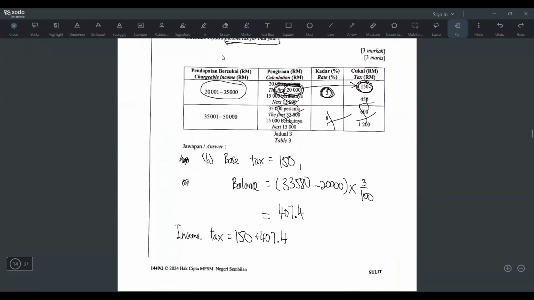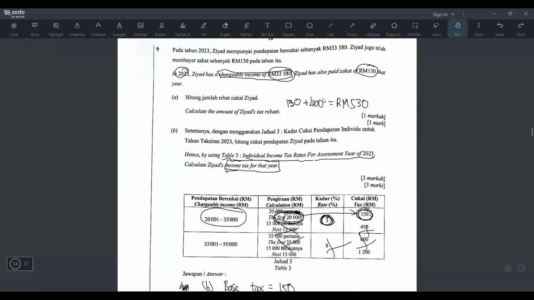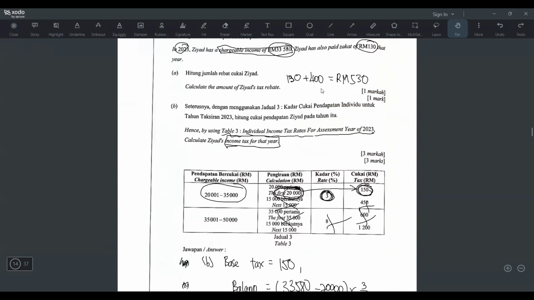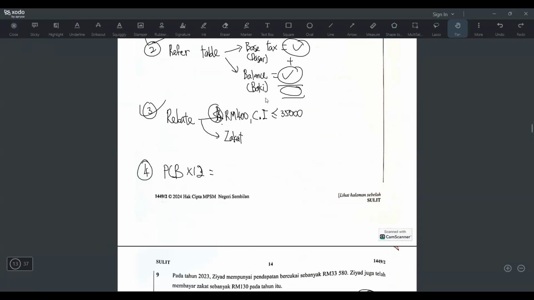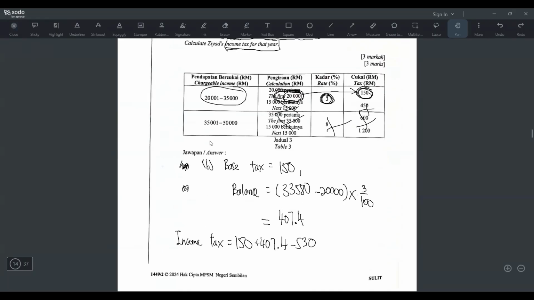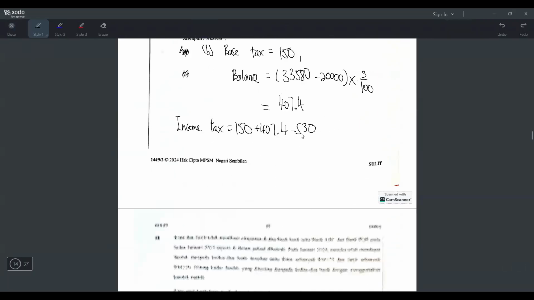So what's your rebate? You have to minus 530, or you can also say minus 130 minus 400. It's the same thing lah. Why minus 130? Because of zakat. Why minus 400? Because the chargeable income does not exceed 35,000. That's why you can get the 400 rebate.